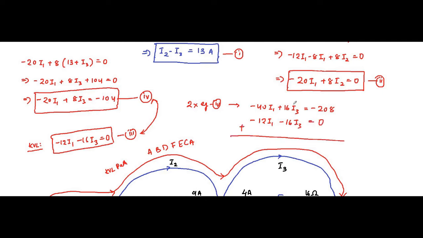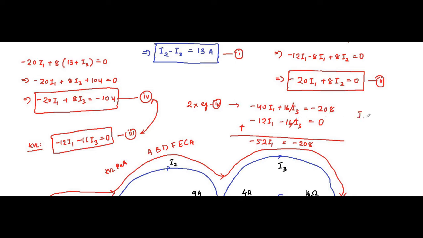Plus 16 I3 minus 16 I3 gets cancelled, and we get minus 52 I1 is equal to minus 208.